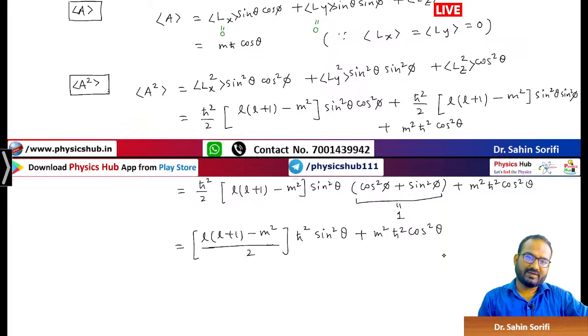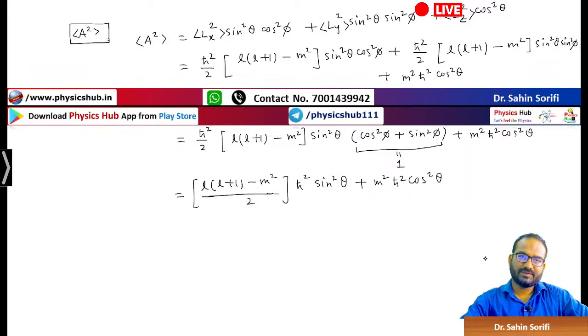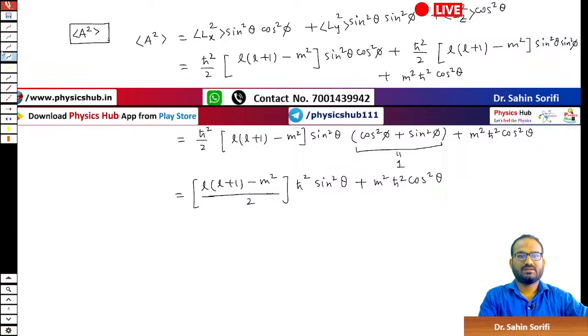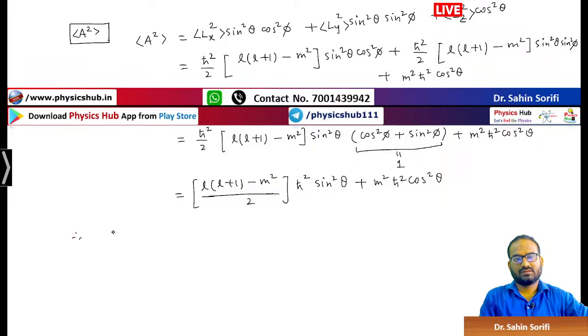So once we can find the expectation value of A and the expectation value of A square, we can simply calculate delta A, which is the square root of the difference, A square average minus A average square. So we can now put the values.